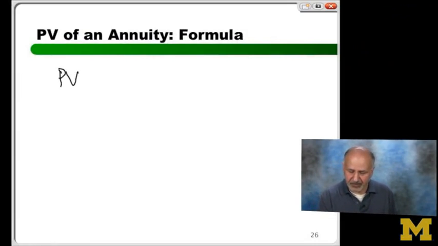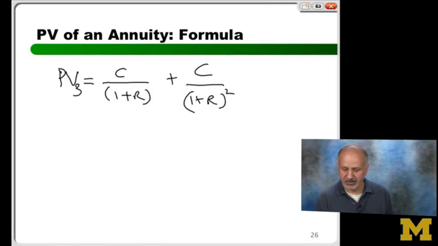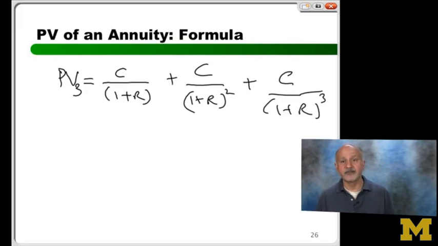The present value formula for a 3-year annuity, and I use this 3 just to remind me that it's just 3 years, is C over 1 plus r plus C over (1 plus r) squared plus C over (1 plus r) cubed, right? So I just have to do 3 PVs.